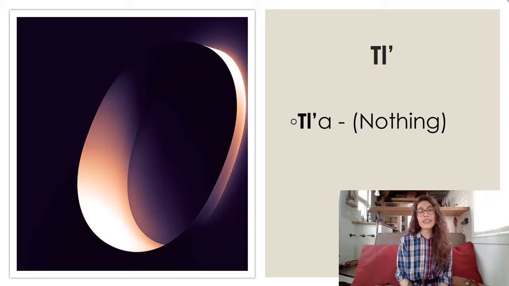Our next sound is TL with an apostrophe. So it kind of combines the two T sounds that we learned. The apostrophe, the tick at the end, indicates that there's a bit of a click. Now this combines a lot of the different mouth movements we learned in previous sounds.